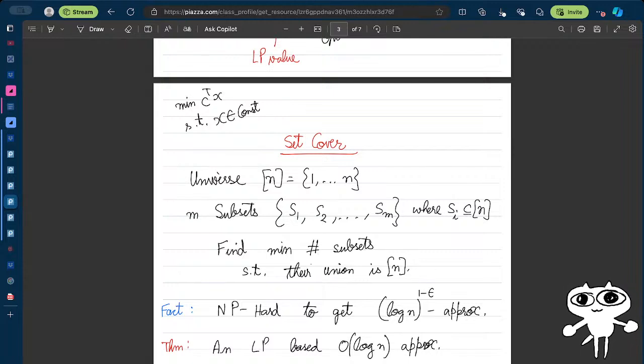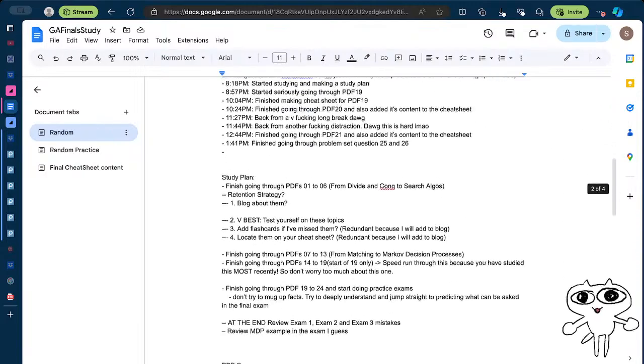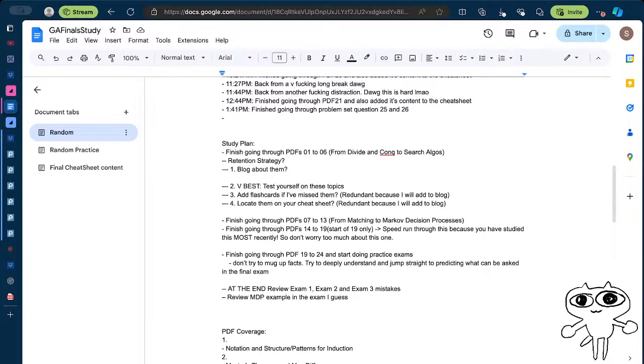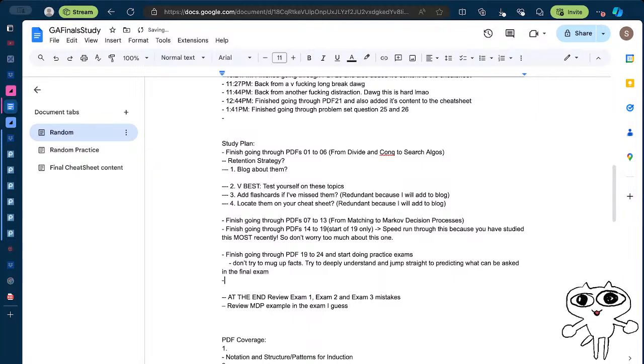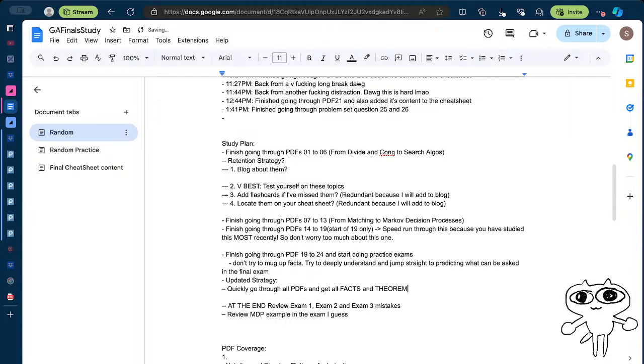set cover maybe. So the strategy has been changed now. Update to the strategy. Updated strategy: quickly go through all PDFs and get all facts and theorems into your sheet.